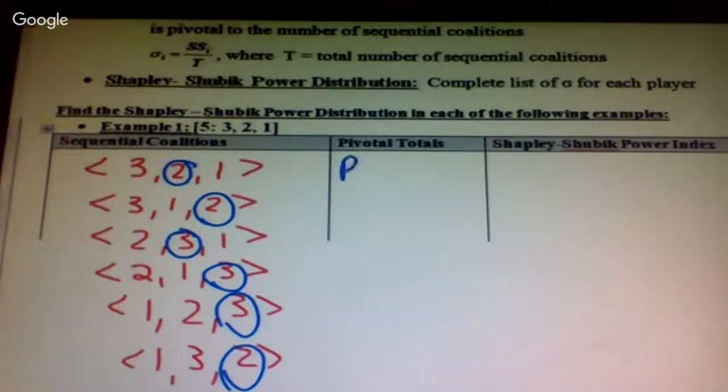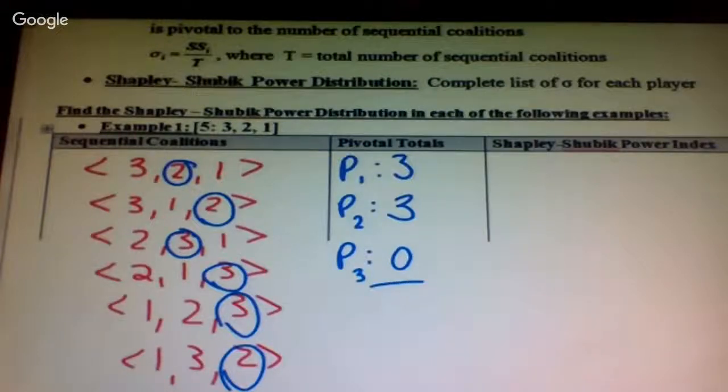So now, just like Banzhaf, how many times did we circle player 1, which had a score of 3? 3 times. How many times did I circle player 2, which was a 2? 3. How many times did I circle player 3, which was a 1? 0.